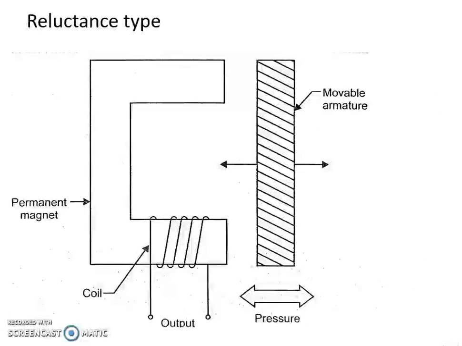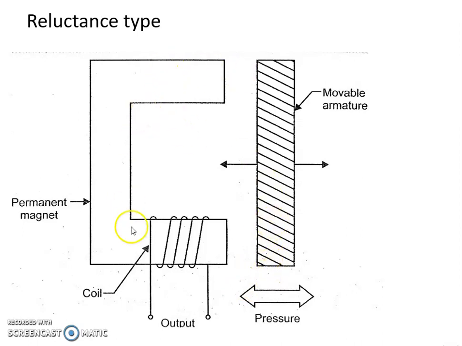Now let us see the third type of inductance type pressure transducer, the reluctance type inductance pressure transducer. This is the general diagram of a reluctance type pressure transducer. It consists of a movable armature which can be moved towards the permanent magnet and away from the permanent magnet based on the direction of applied pressure.